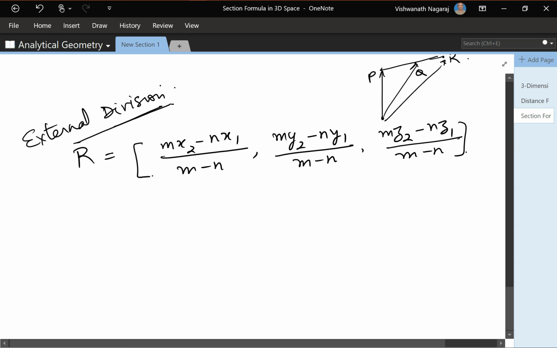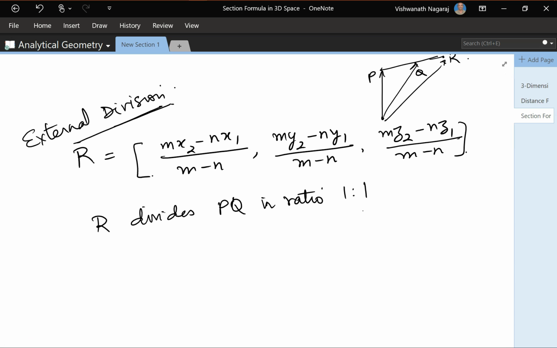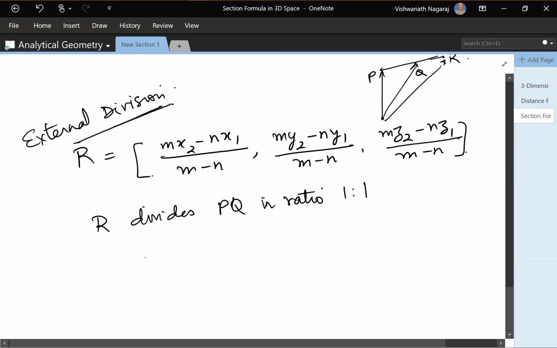Now let's use this formula to arrive at something else. Let's say R divides PQ in the ratio 1:1. Remember, 1:1 means that R would be in the center of PQ, the middle of the PQ line. So now let's apply the formula. Since this is internal division, we use the formula for internal division.